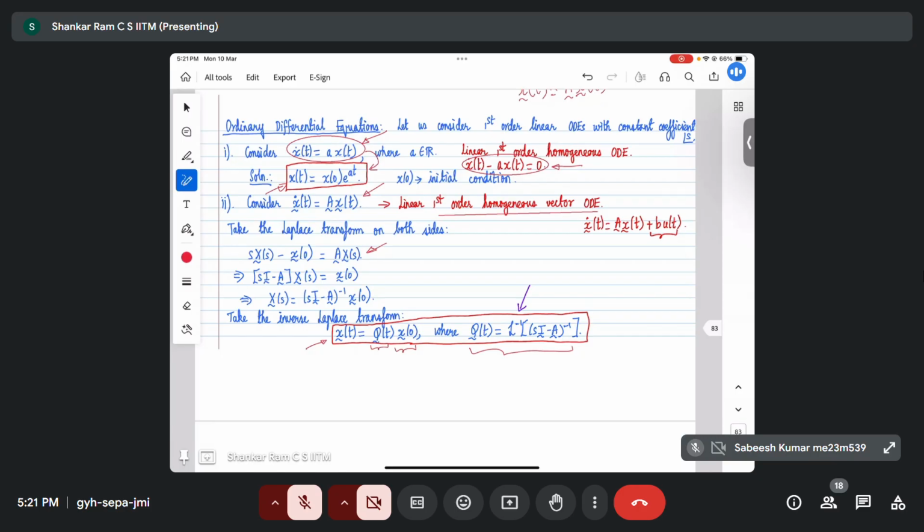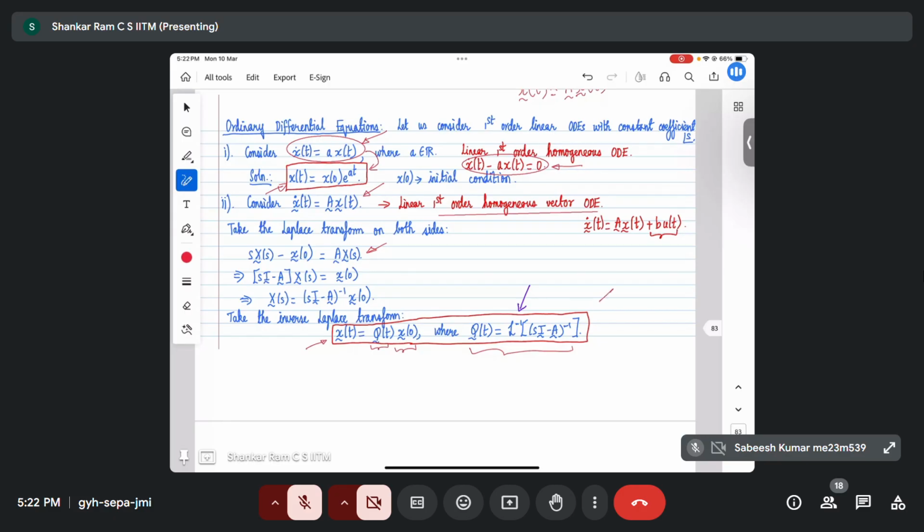So in other words, the solution to the first order vector ODE x dot equals Ax is going to be phi of t times x0, and phi of t is nothing but the Laplace inverse of sI minus A inverse.